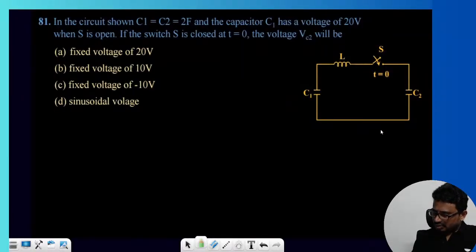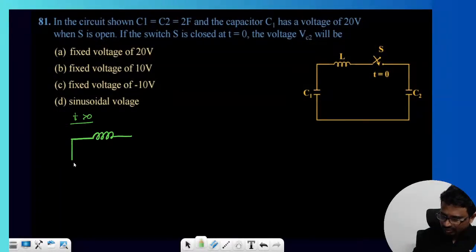Let's apply the Laplace domain for t greater than 0. So let's draw the circuit and convert into the s domain. Here is an inductor, and the capacitor C1 has an initial value of 20.